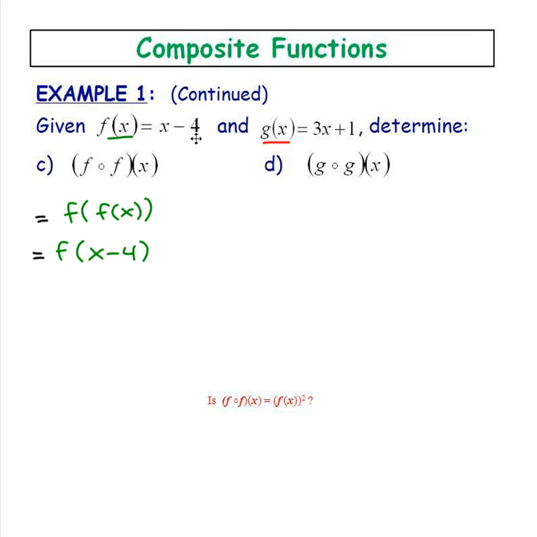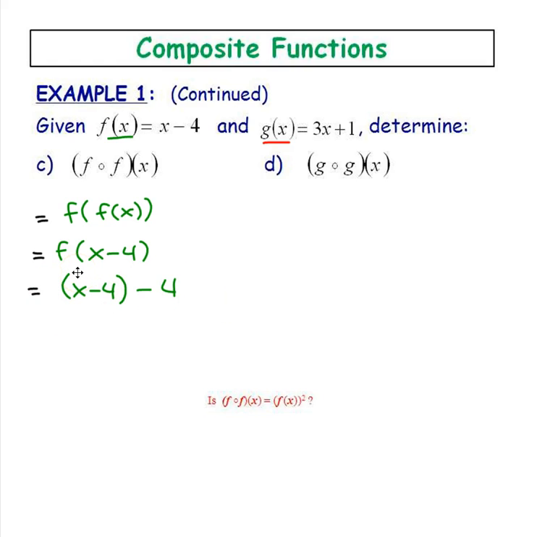That means within your x minus 4, you're going to substitute your x minus 4 into your x value. There's the -4 part, and instead of your x, you're going to write the other f of x. So this is the f of x within the f of x.